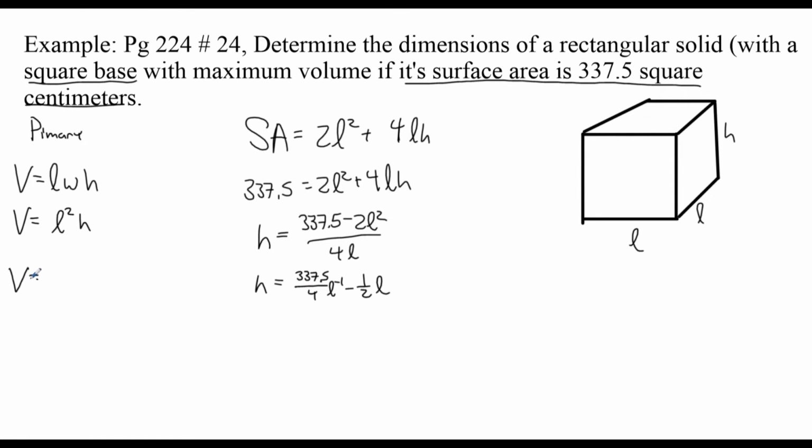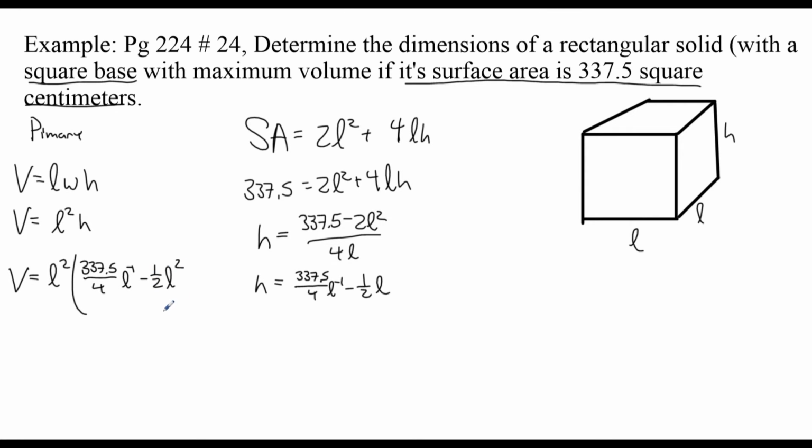So I've got V equal to L squared, and then multiply by, because I'm replacing this H with this expression here, 337.5 over 4 times L to the negative 1 minus a half L squared.